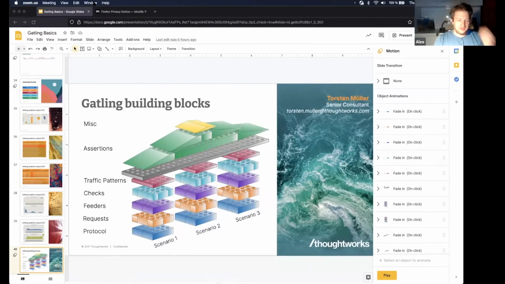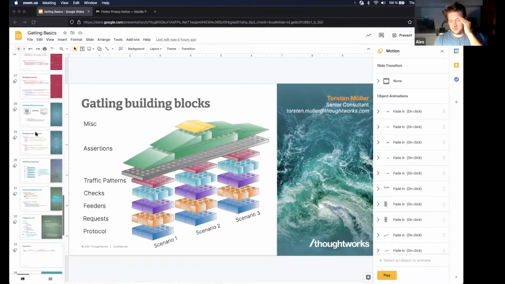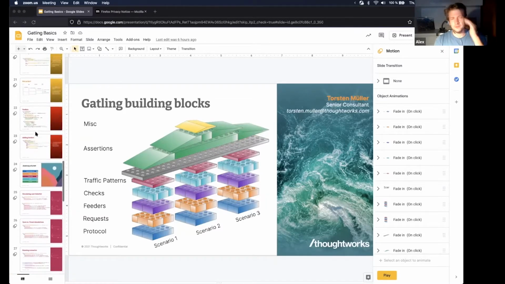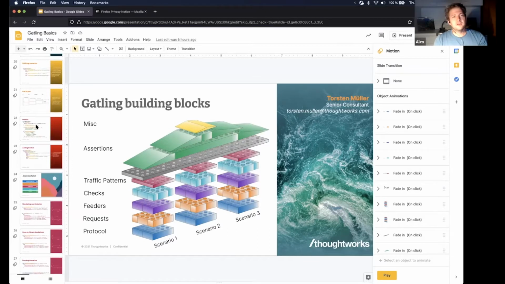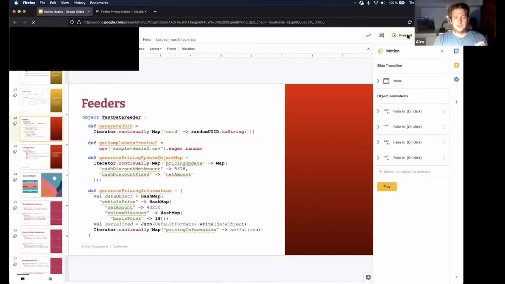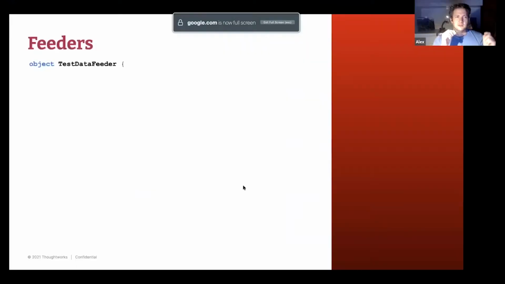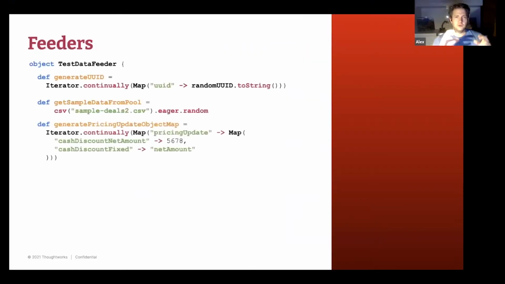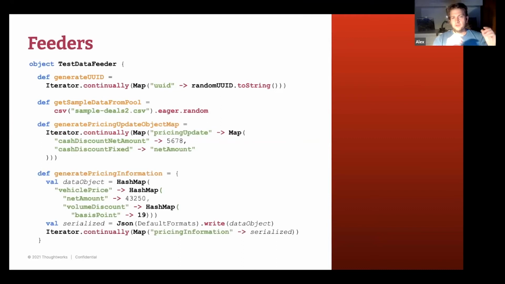You showed the feeders with the CSV, and you put the parameters into the request. And I was wondering, can you extend the standard Gatling reports in a way that you can see the distribution of your parameters? For example, in your sample deals CSV, you always take a random entry from the CSV file.